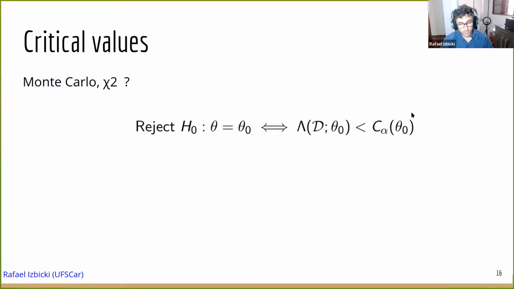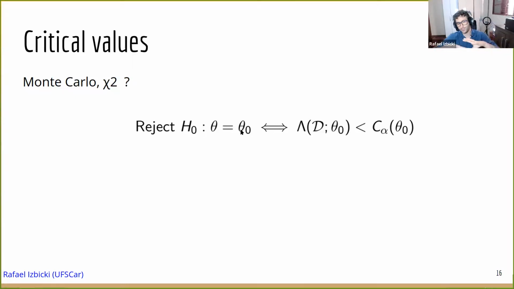But the issue is that this is not practical if you want to do confidence sets. If you are only interested in a single null hypothesis, that's a really good thing to do. But if you want to invert hypothesis tests to get confidence sets, that's not doable, because you need to do many expensive Monte Carlo simulations for every single theta zero of the parameter space.